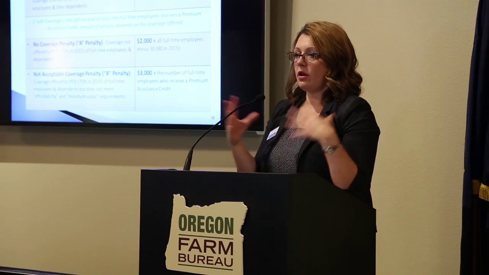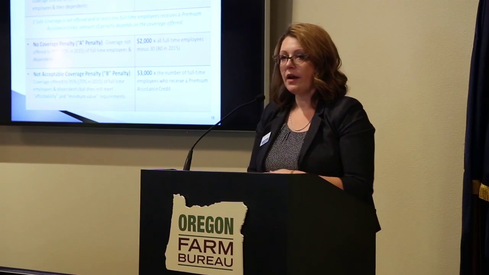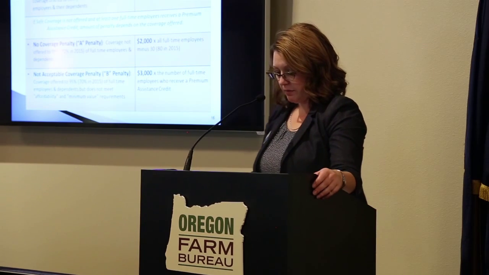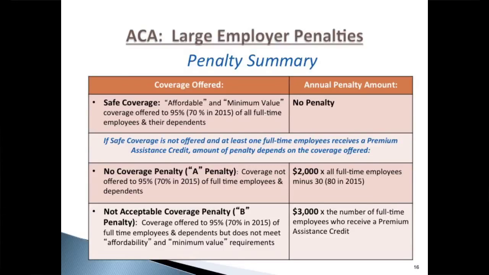You're going to be subject to all the reporting, but you're not going to pay a penalty. If you do not offer coverage to 95% of your full-time employees, you're going to pay what's called the A penalty. And that's the big penalty. That's $2,000 per full-time employee for the year. And then you get the first 30 free, so minus 30.